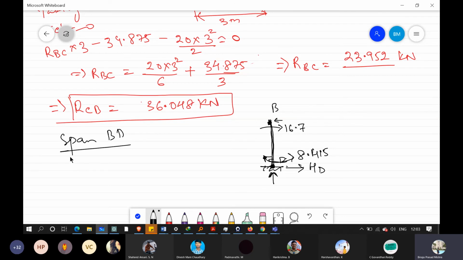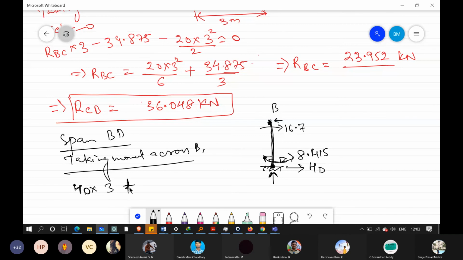So taking moment across B, HD into 3 plus, or it will be, sorry, minus 16.7 minus 8.415 equals to 0.